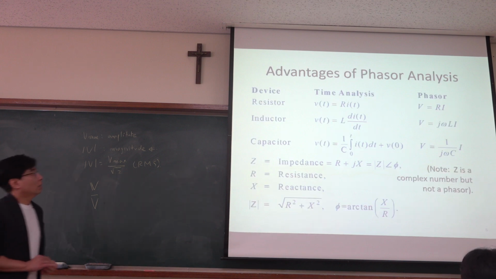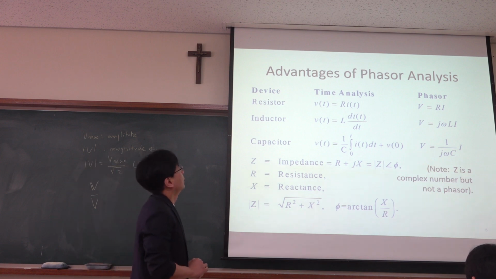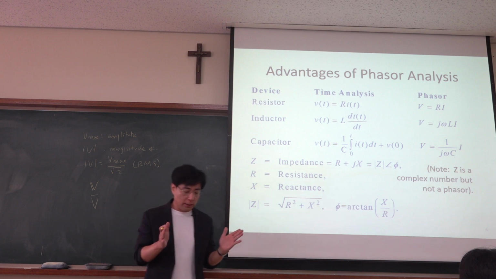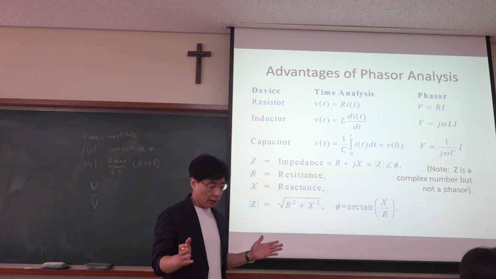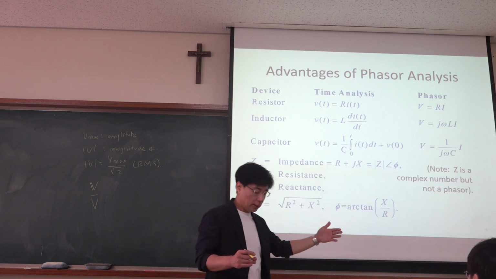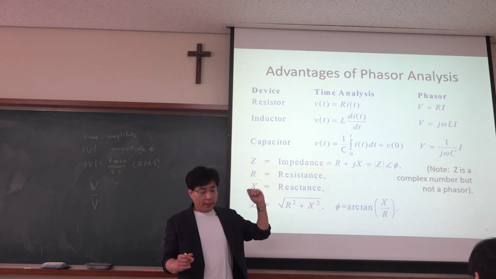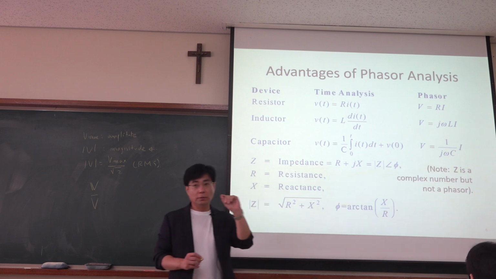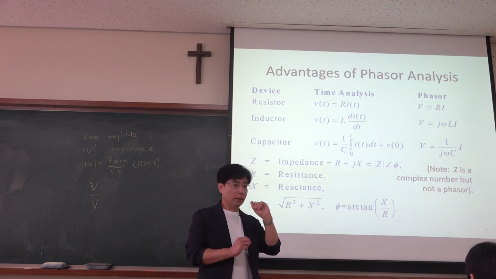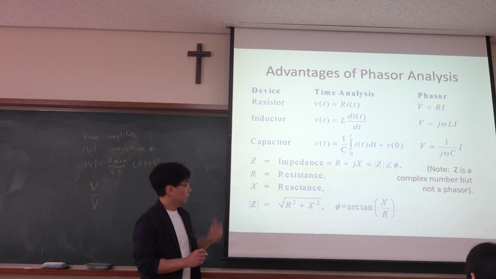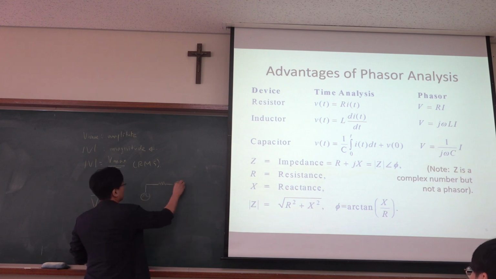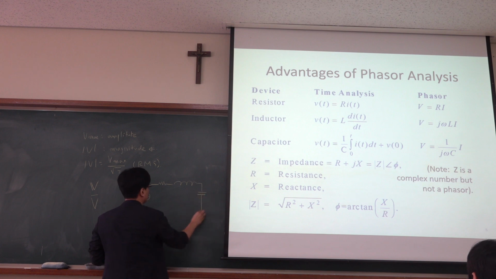So why are we using phasors? The reason is that otherwise, when we analyze a huge circuit, the voltage changes over time and the current changes over time, and to analyze the circuit, you need to solve differential equations. In the circuit, we have a voltage source, a resistance, a coil, and a capacitance.